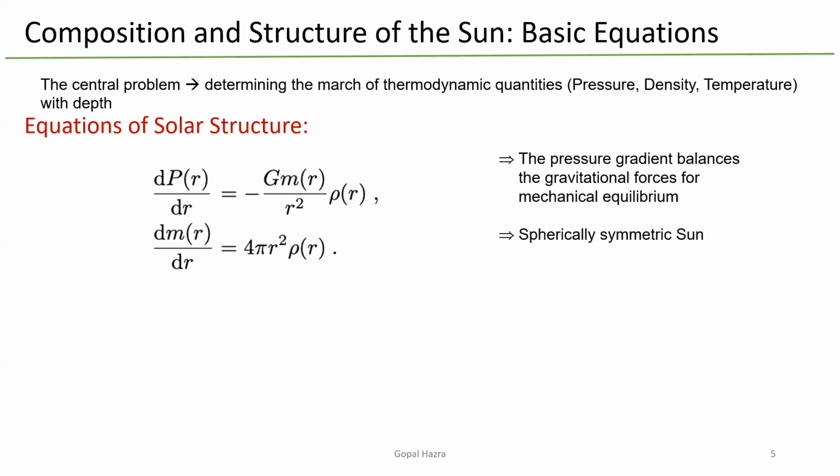Now you write how the gravity looks like. The gravity is minus G. That's why I say M at radius r, because I'm taking the solar interior. At radius r, how is the mass? You write M(r), and then your small mass element dm, divided by r squared, and that will be A dP, right?